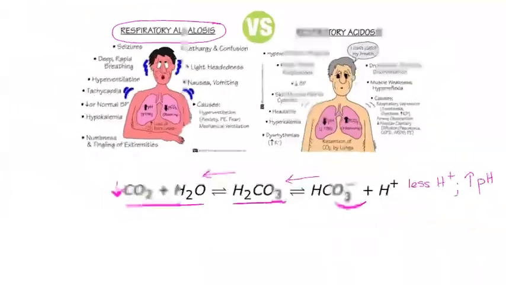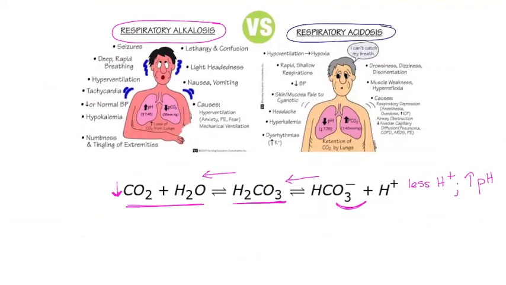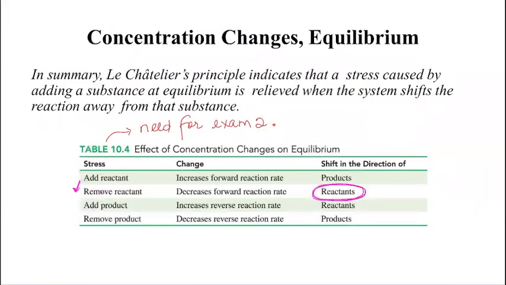If we rationalize it based on the blood buffer system, this is how the blood buffer system is affected by this condition. In this case, we are increasing CO2. If we go back to the table that we were working with, we are adding reactant.